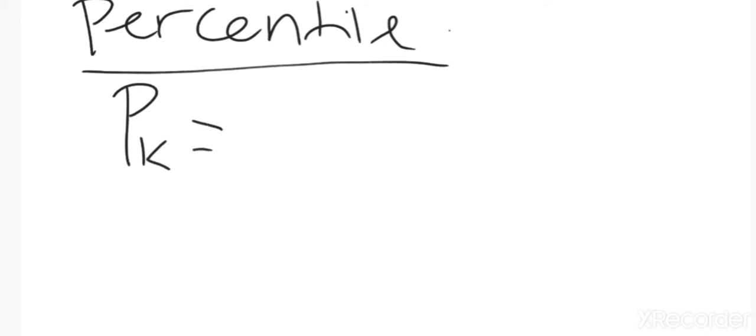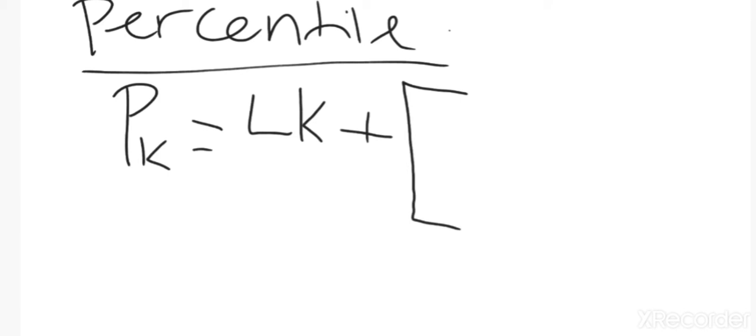K is a constant counting from 1 to n, which is equal to Lk plus, it is our class limit for the class selected, or the position where the percentile is found, plus bracket kn, where this varies from 1 up to n, then minus Fk, the cumulative frequency of the class limit.